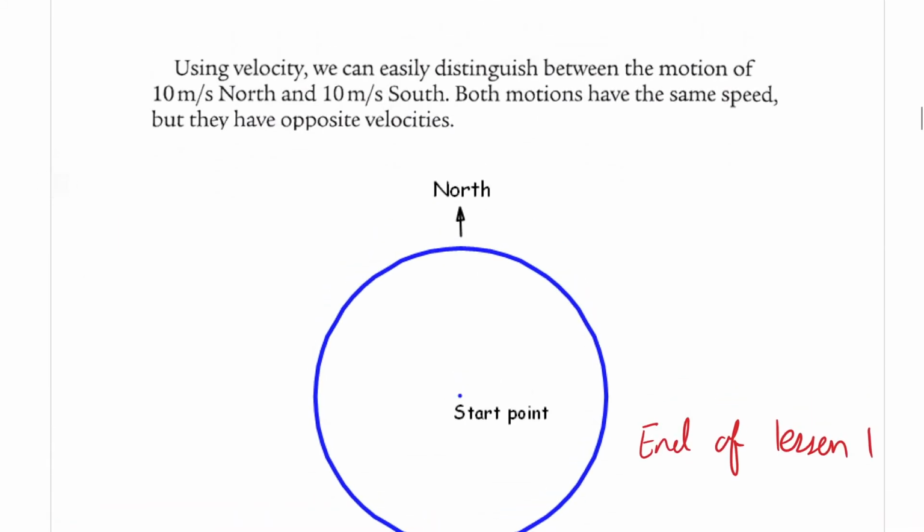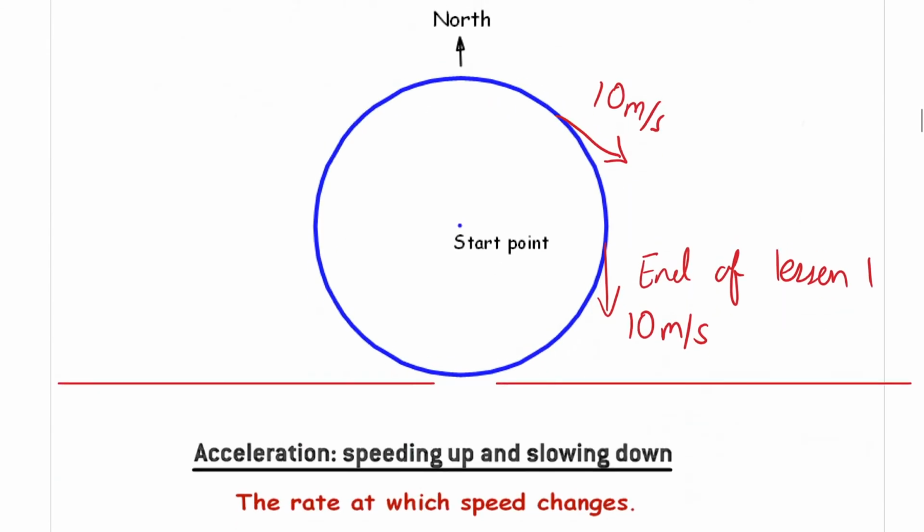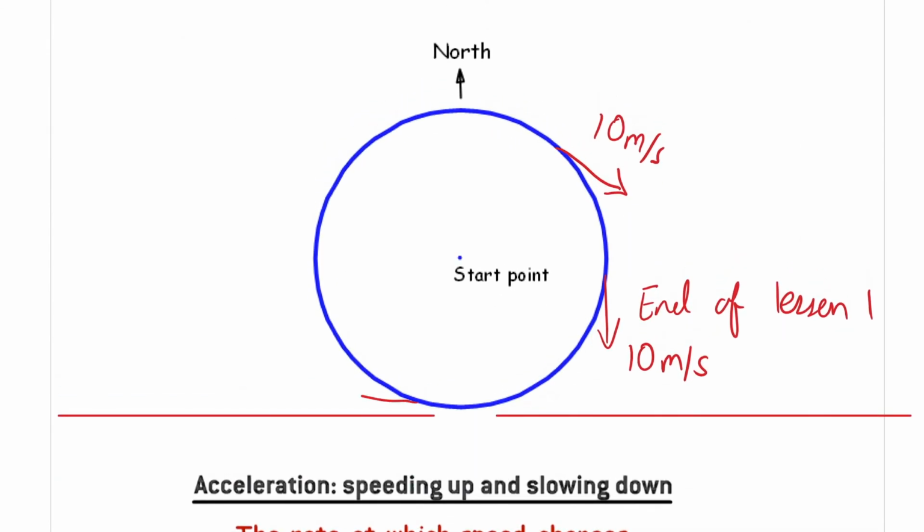And finally, to finish off this lesson, lesson 1, a quick explanation again to show the difference between speed and velocity to help you answer the question above. If you had something travelling around a circle at constant speed, and it's travelling, let's say, 10 meters per second, you can see that its speed, yes, is constant, but its direction is changing.